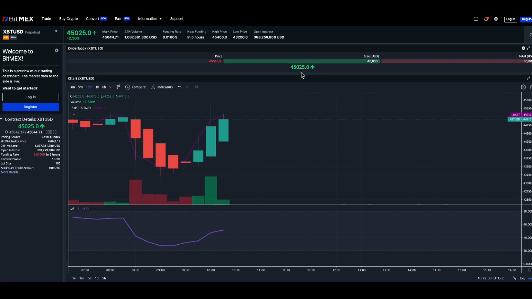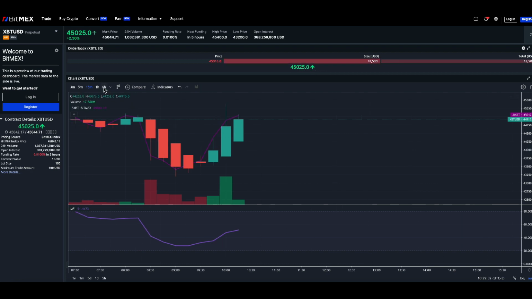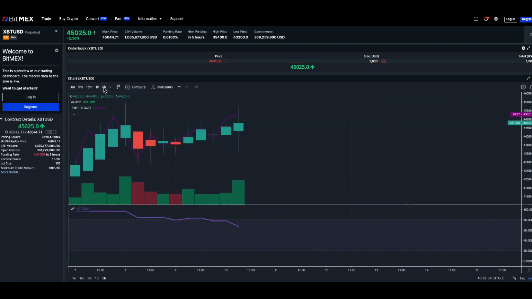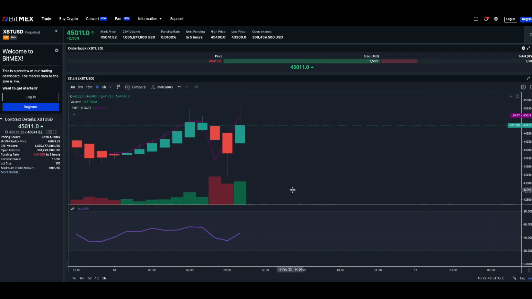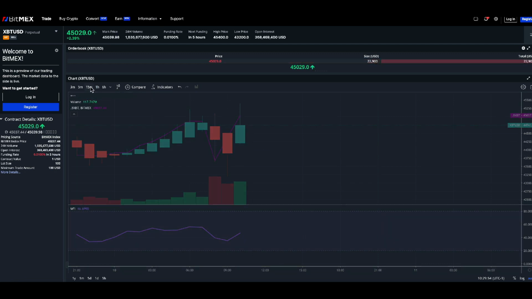That's the question. I expect probably the next candle we may see another weakness over here, and we could see a potential reversal taking place, because we can already see the 1 hour candle is weakening.